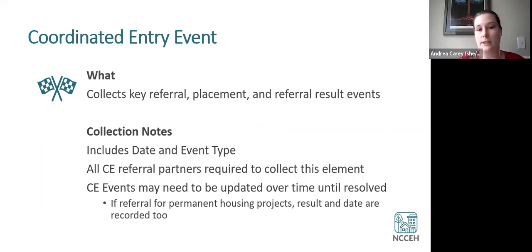So this is going to include a date and an event type. It'll become a little bit clearer when we look at that whole list of applicable event types. And we are looking at this for all CE referral partners. So if you're making a referral or receiving a referral, you'll need to collect or contribute to this element.